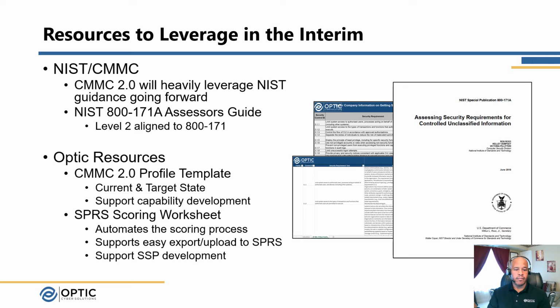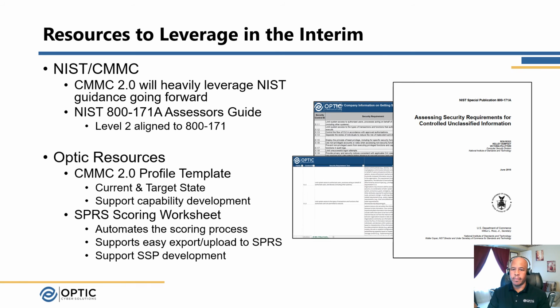At Optic, we also have our own resources. We have a recently updated CMMC 2.0 profile template, where you would document both your current state and target state: current practices as they are today, and then a target state moving forward to meet those CMMC requirements. It helps support capability development as you build out those capabilities. We also have a SPRS scoring worksheet.